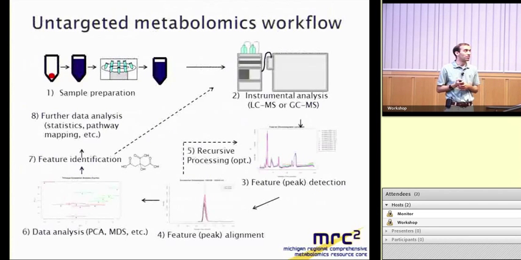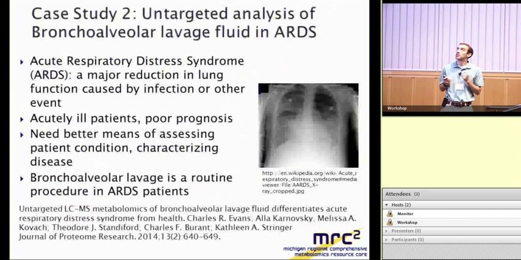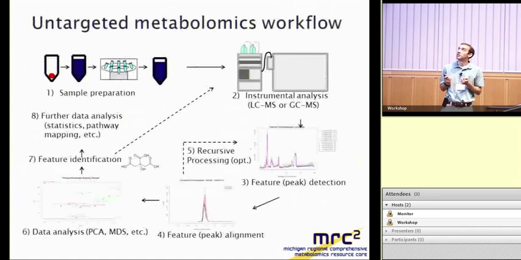Okay, questions about targeted metabolomics before I move on to untargeted, looking at another workflow? Okay, cool. So let's look at untargeted metabolomics, just to refresh your memory as far as the workflow. Same sample preparation and instrumental analysis procedure. We do feature detection first, alignment, recursive processing to validate, to help fill in holes in the data.